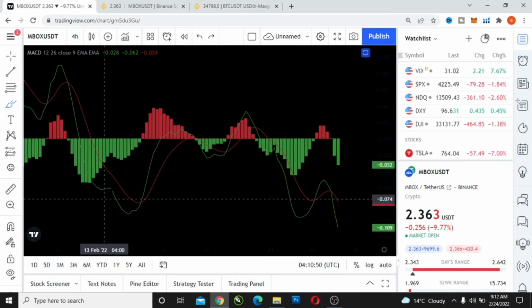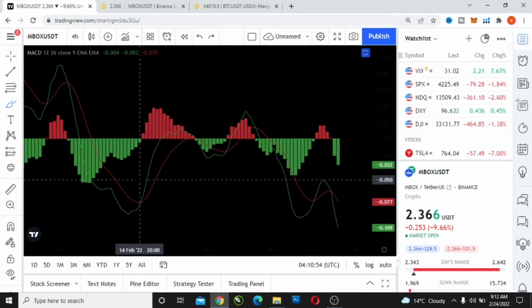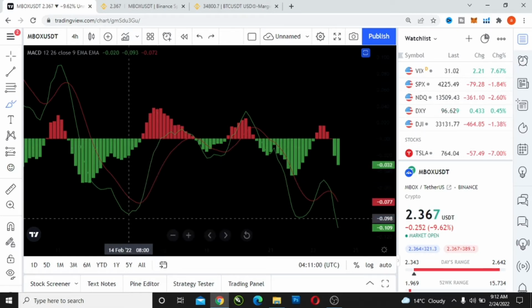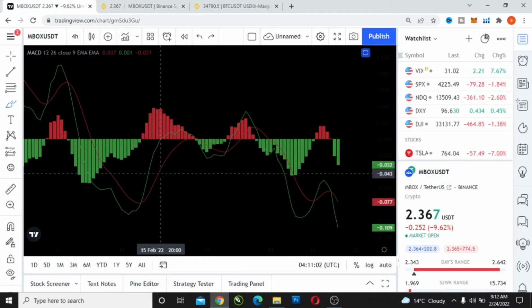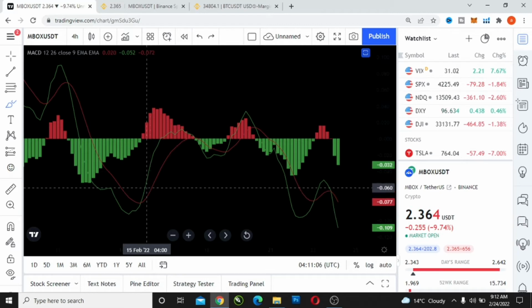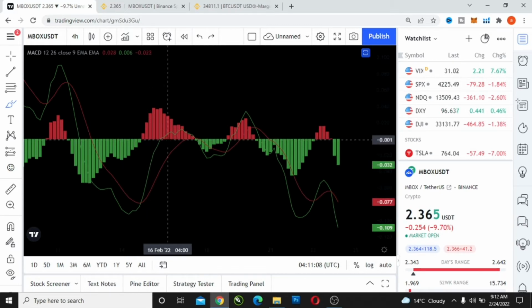So whenever a crossover is occurring between the MACD and signal, by looking at this lower low area, at the crossover, when MACD is above the signal, meaning the green line is above the red line after the crossover, then there will be a price appreciation.